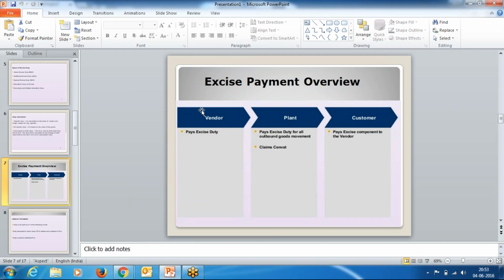During the sale to the customer, will that amount get exempted or not? Whatever you paid to the vendor, does the same duty get exempted at the time of the customer sale? No, again, it depends on the situation. If it is a deemed export, there is no need to pay any duty. If it is not deemed and you are selling in the domestic market, you will have to pay the duty.